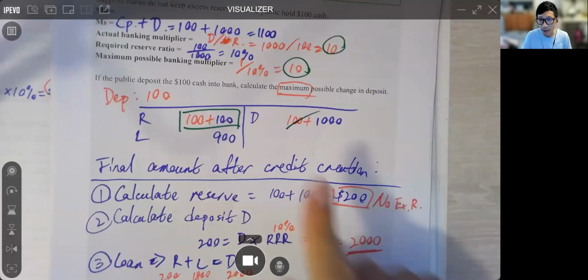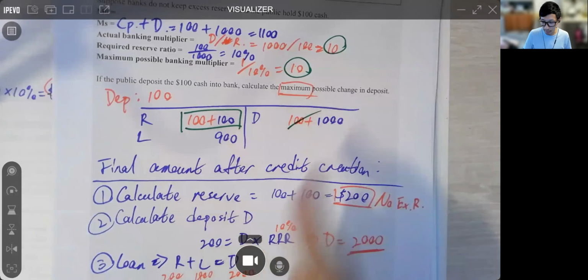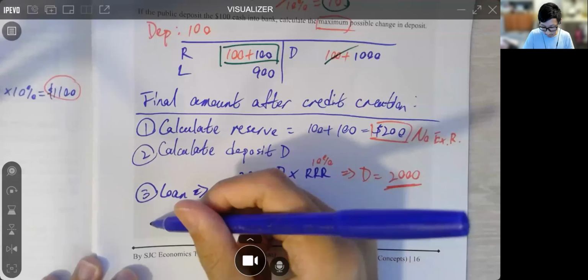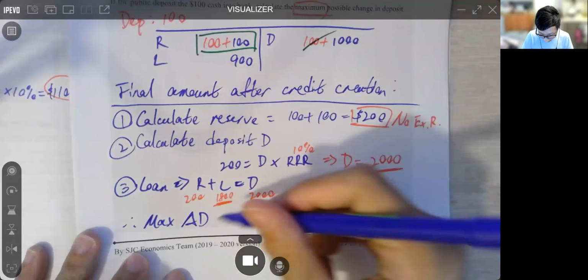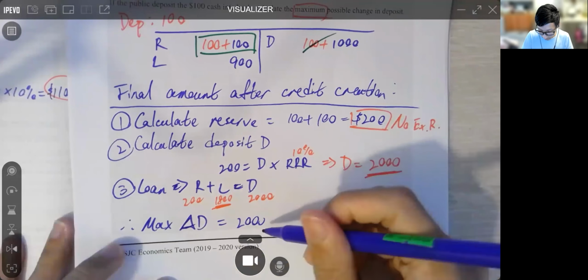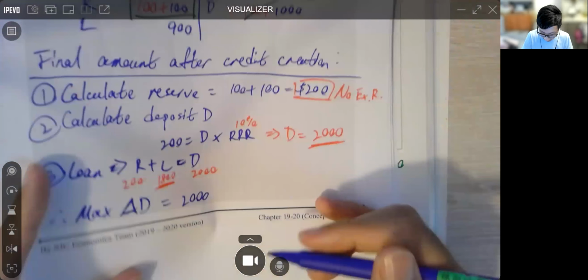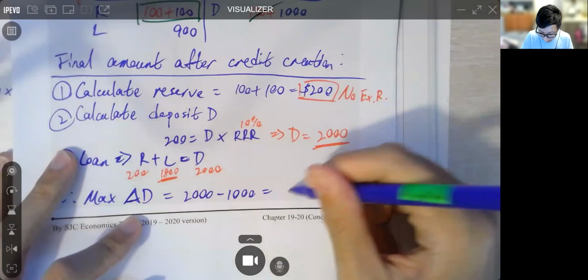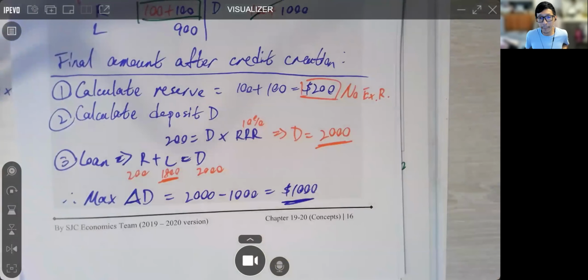The question asks for maximum possible change in deposit. So, the maximum change in deposit in our case would be final amount 2,000 minus the original amount 1,000, which would give us 1,000 as the maximum possible change in deposit.